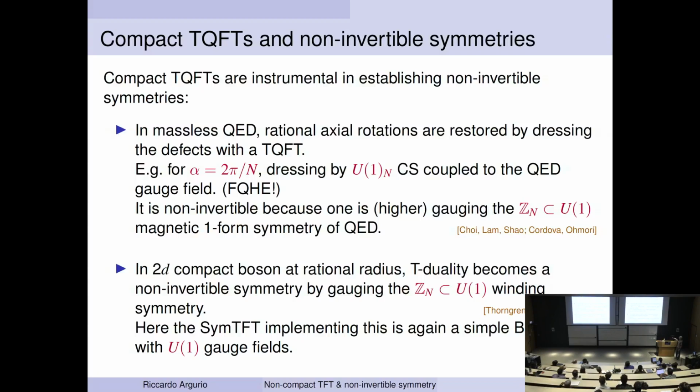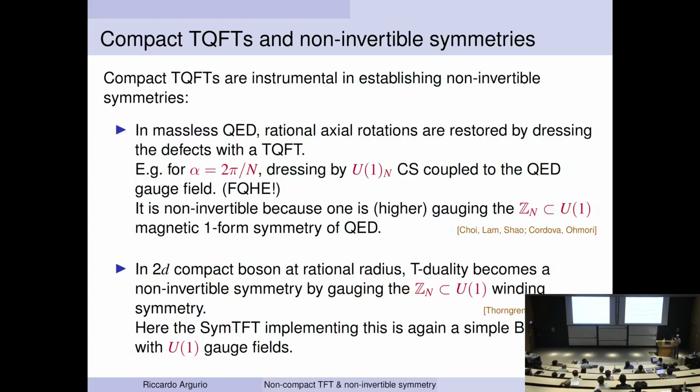There is a very similar story, at least from my point of view, which is the following. If you take the compact boson at rational radius, here also you can play with a Zn subgroup of, in the simplest example, the U(1) winding symmetry or the momentum symmetry, and use this gauging to establish T-duality as a symmetry of the theory.